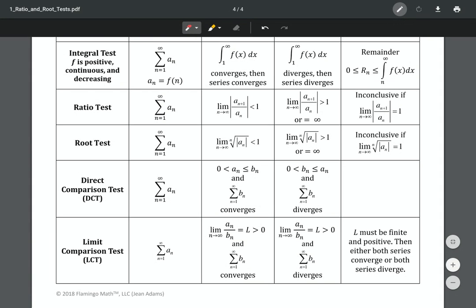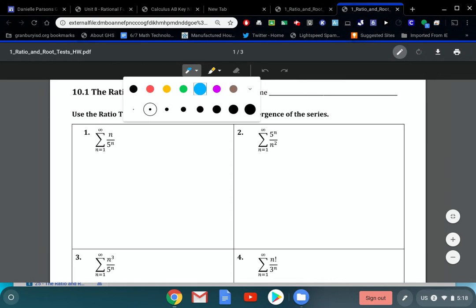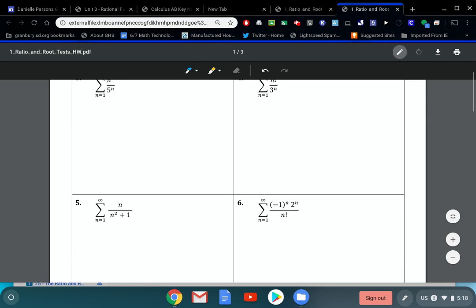Let me see if there's something on the homework that gave me some trouble that I need to address before I let you guys go. Oh yeah, let's quickly look at number 18 here. I already have it open.